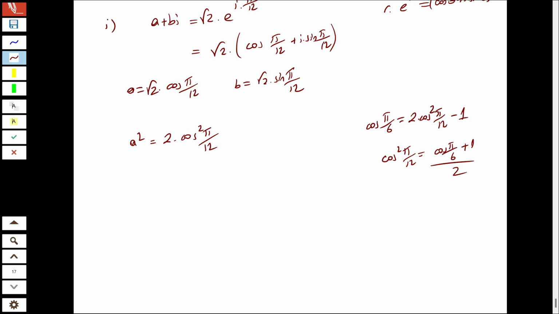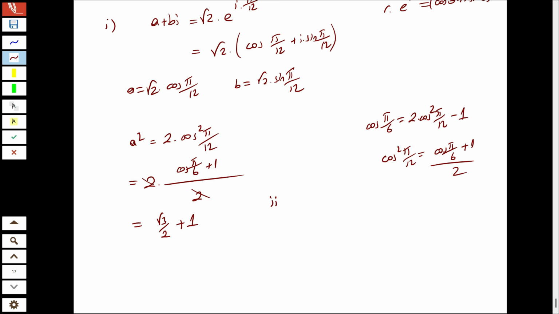We can replace this. In this case, we will write 2 times (cosine pi over 6 plus 1) divided by 2, and we cancel 2. Cosine pi over 6 will be square root of 3 over 2, and that is plus 1. Yeah, we showed the first.